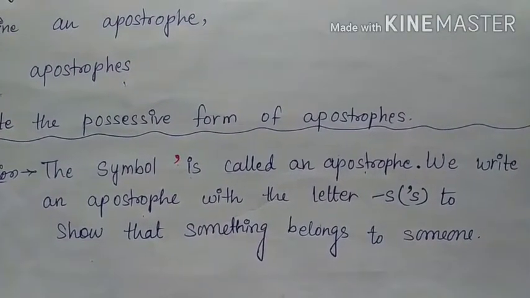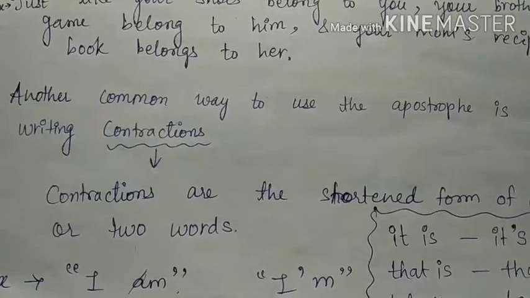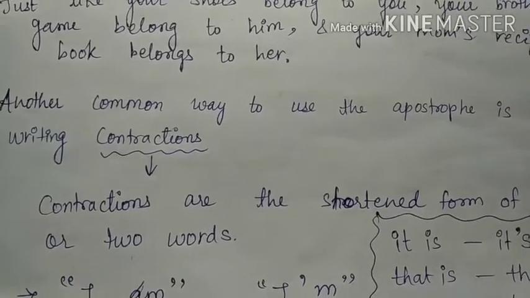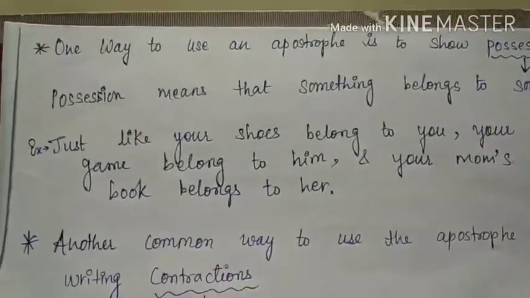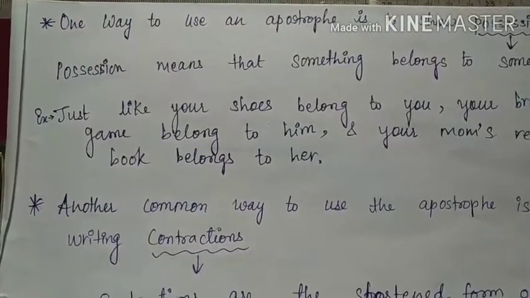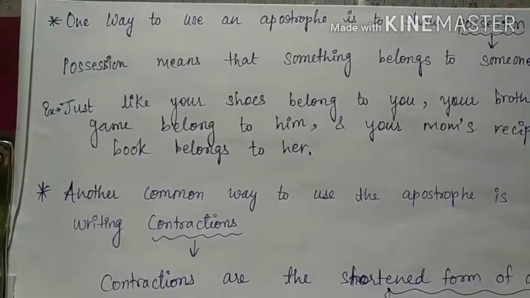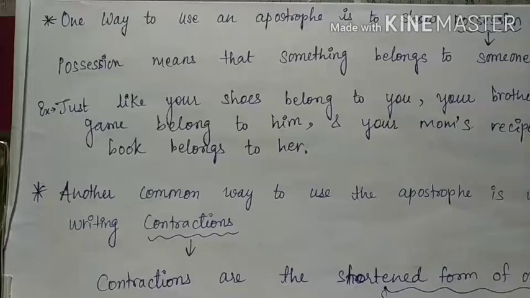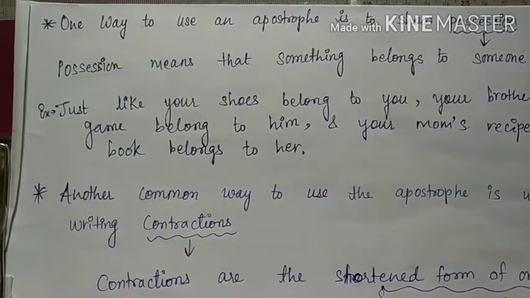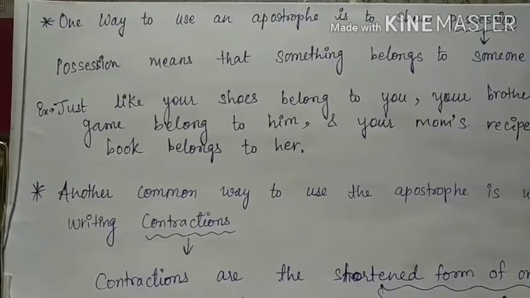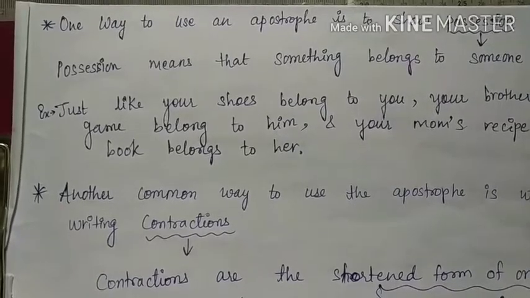Alright, now let us see the two main uses for the apostrophe. One way to use an apostrophe is to show position. Now you will ask me, ma'am, what is the meaning of position? So position means that something belongs to someone.